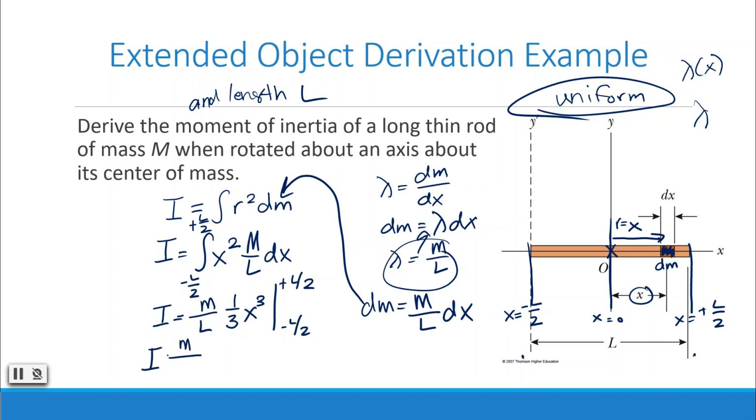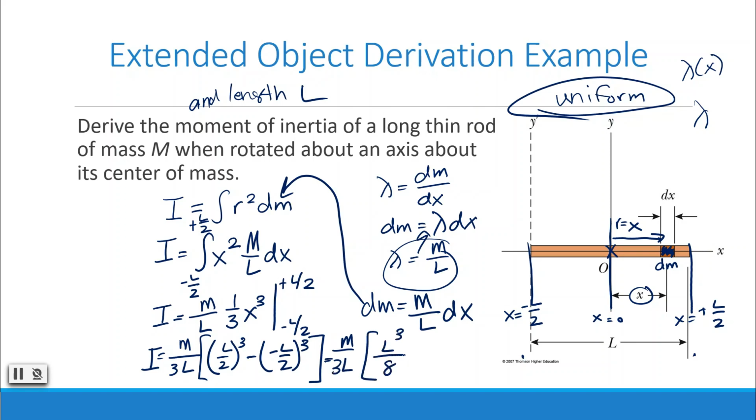So I'm going to have m over 3L, and then I'm going to get the difference between L over 2 cubed minus a negative L over 2 cubed. Be careful with your signs on this. So this is going to give us m over 3L times L cubed over 8. And then negative L over 2 cubed is still negative, so that's going to be a positive L cubed over 8.